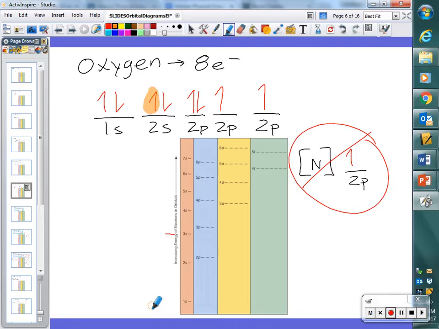That electron right there. Talk to the person next to you and come up with a set of quantum numbers that describes that electron that I highlighted on the board. Go.